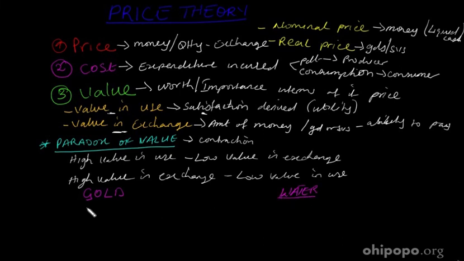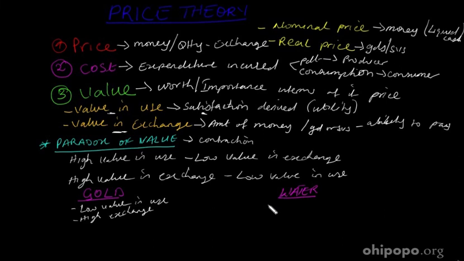Now, if we look at each of these, gold has a very low value in use, but it has a very high exchange value. Why? Because we can do without gold.